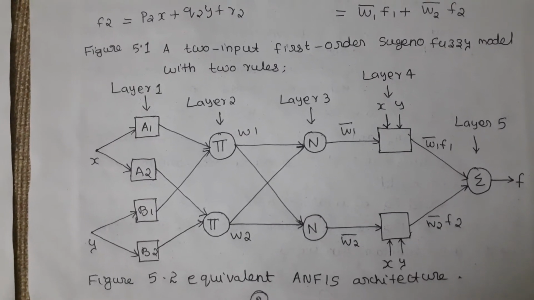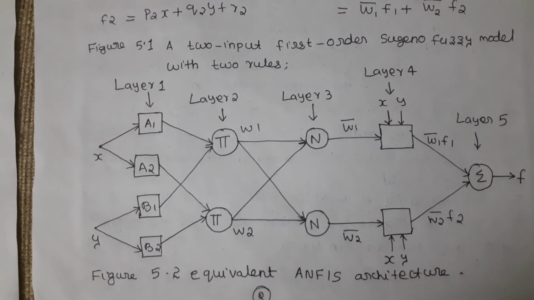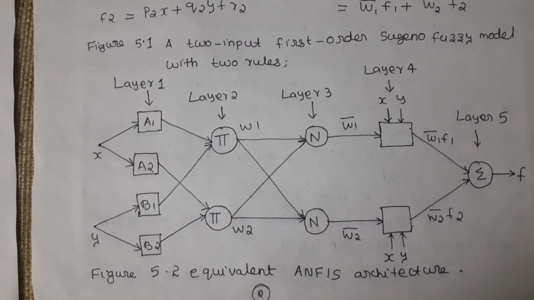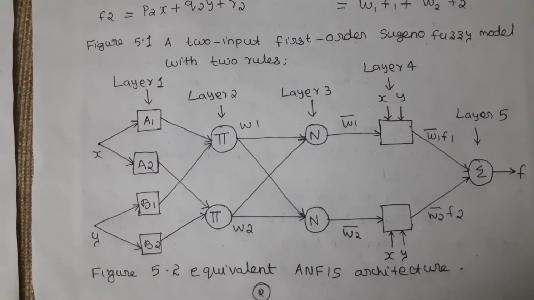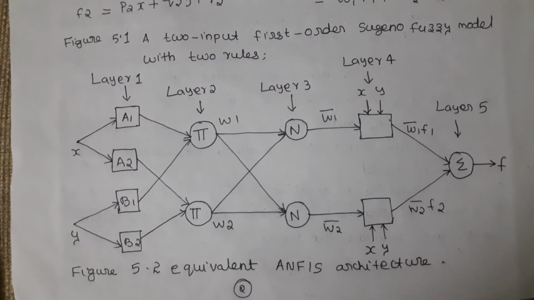The other method is to fix the consequent parameters and update the modifiable parameters in layer 1 by using the gradient descent method.